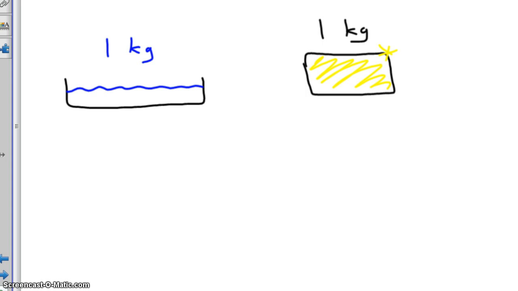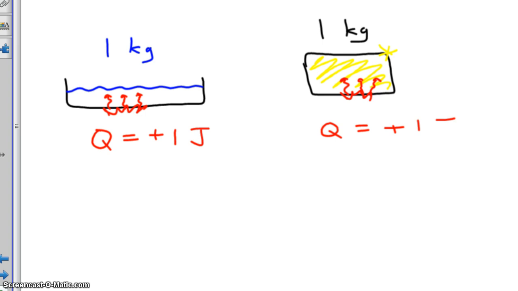We heat these substances, each of them, there's my flame, the fire, and we heat them such that the water absorbs exactly 1 joule of thermal energy, and the gold absorbs exactly the same amount, 1 joule of thermal energy.